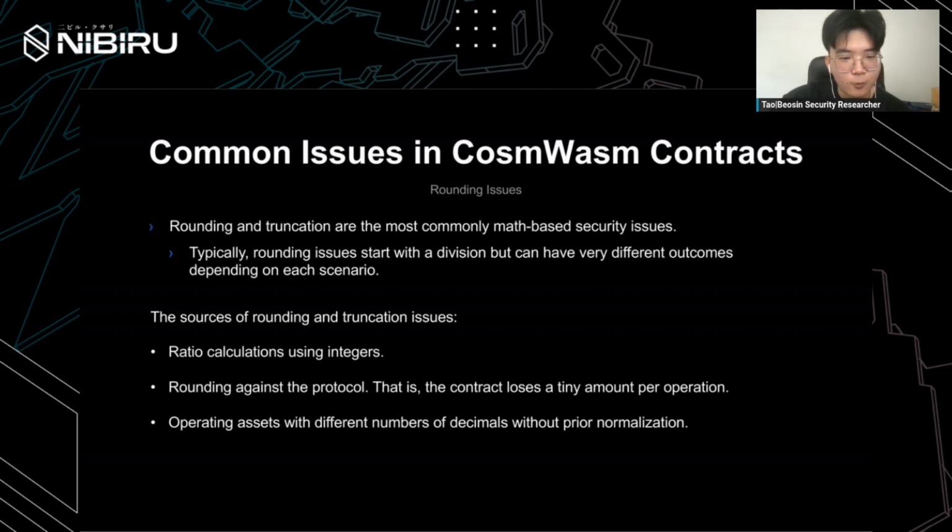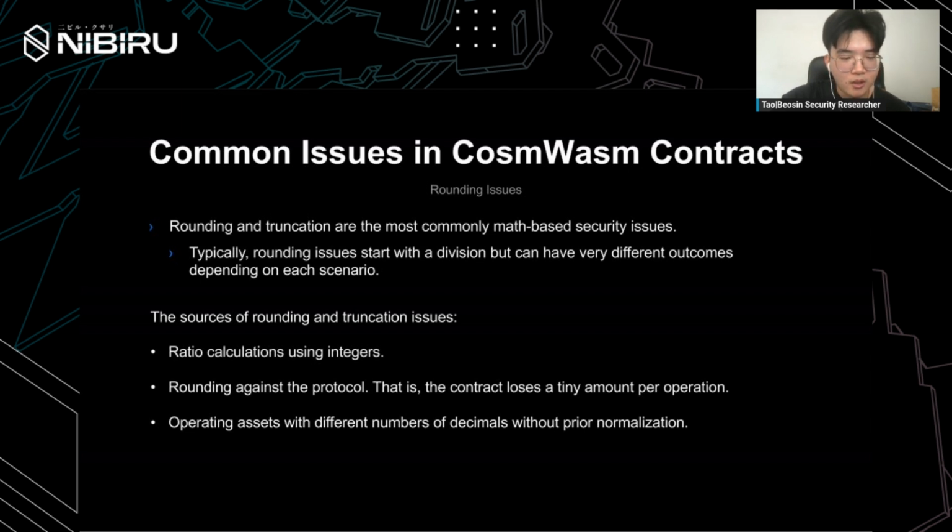And for rounding and truncation, these are the most common math-based security issues in Solidity smart contracts. The rounding issues always start with a division, but it can have different outcomes depending on the business logic and the scenarios.